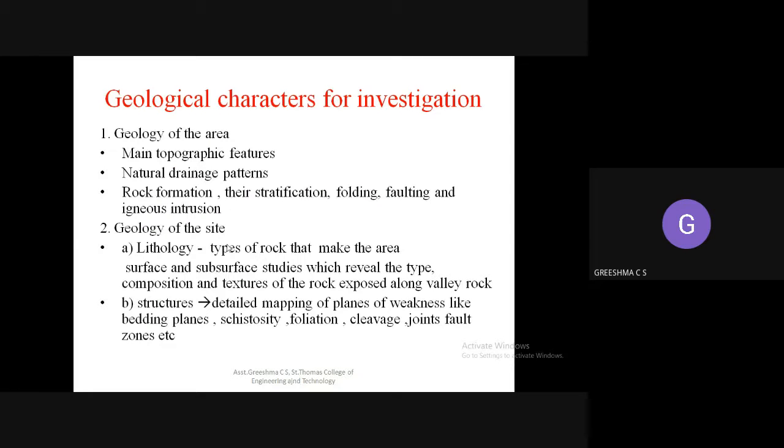Now coming to the geological factors that are involved in the investigation of a dam.